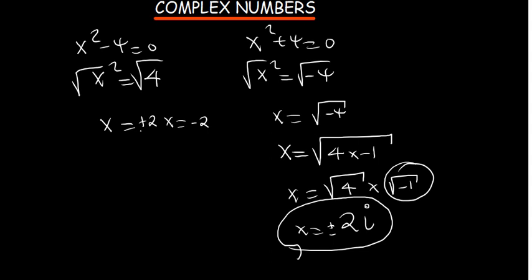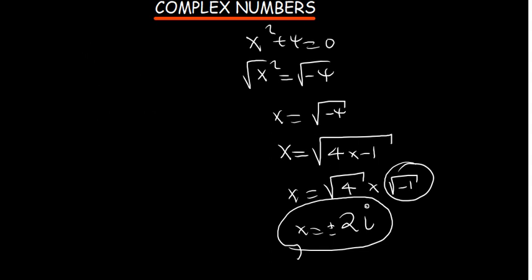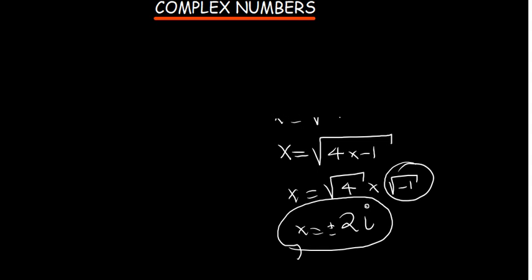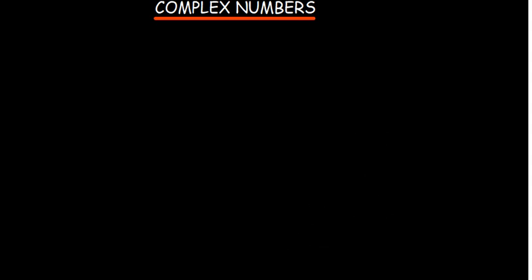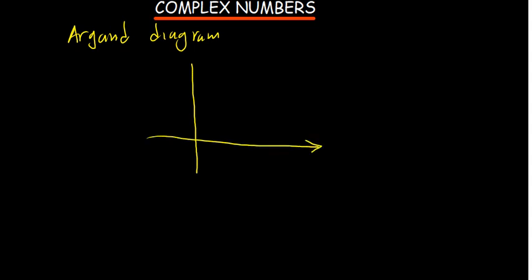Okay, so from here we need to get into the understanding. You can represent complex numbers on what we call an Argand diagram, just like we can represent real numbers on a Cartesian plane. So an Argand diagram has got the x-axis representing real numbers or the real part of the complex number, and then you've got the y-axis representing the imaginary part of a complex number.